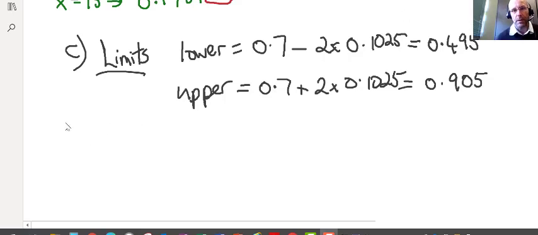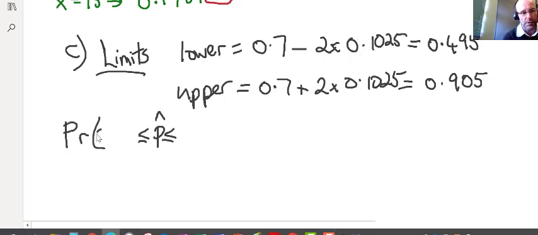So like last time, we're finding the probability that the sample proportion lies between those two values, inclusive.